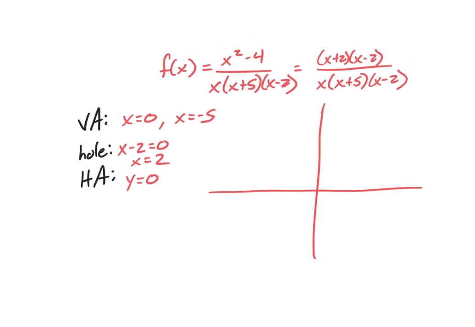Okay, x equals 0 is a vertical asymptote. x equals 0 is your y-axis. You probably don't have to put a line right on top of it, but I'm going to here in a different color just so you know that that's an asymptote.